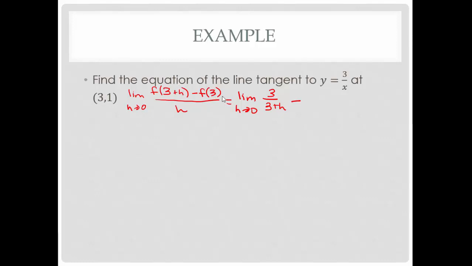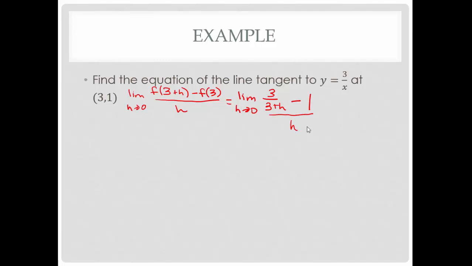You can say this is my function with 3 plugged in, in which case you plug in the 3 and you get 3 over 3, also known as 1. Or you can just use the fact that we gave you the y-coordinate. The 1 is sitting right here. That's how the y-coordinate was calculated. So you can just pick it up from here if you prefer. And then that's going to be all over h.